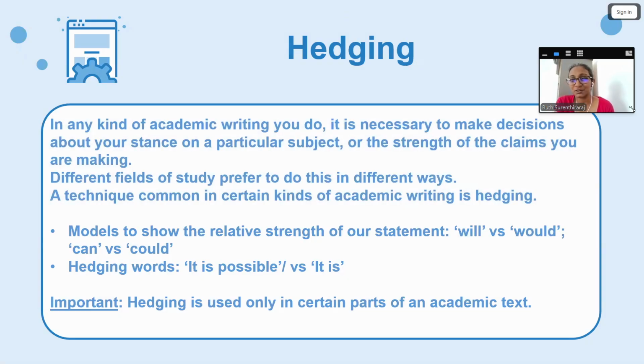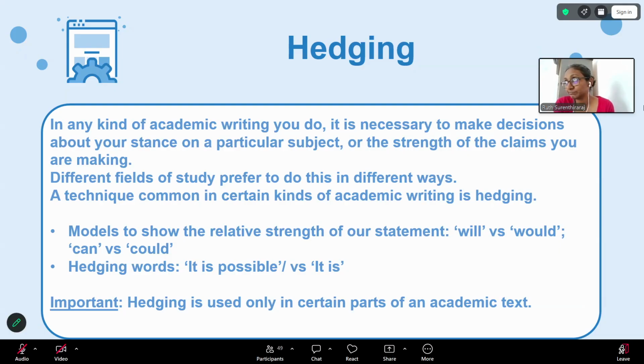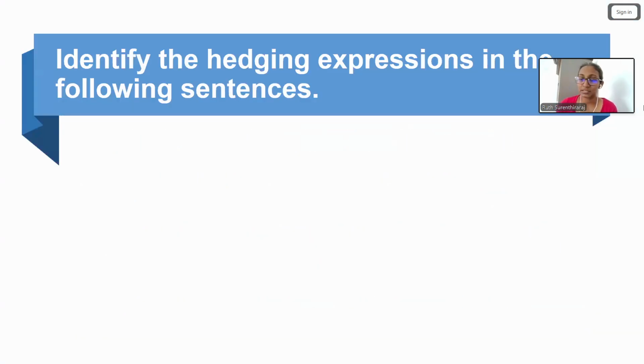Sometimes it's not possible to predict whether our findings are going to be correct for the rest of human history. Sometimes we might not be sure whether we have all the information to make this claim. So, for example, we can make a statement like this, right?